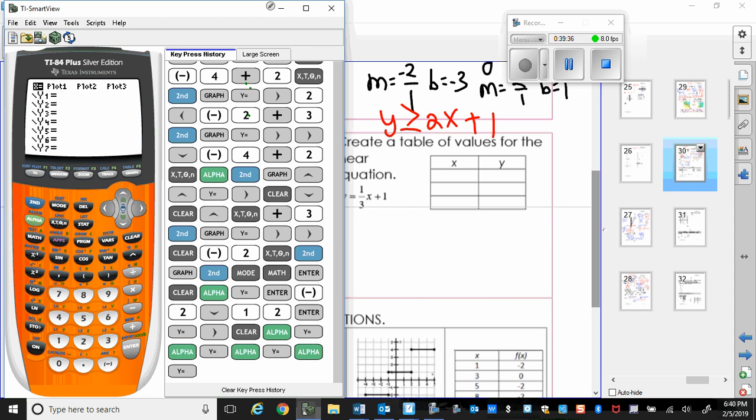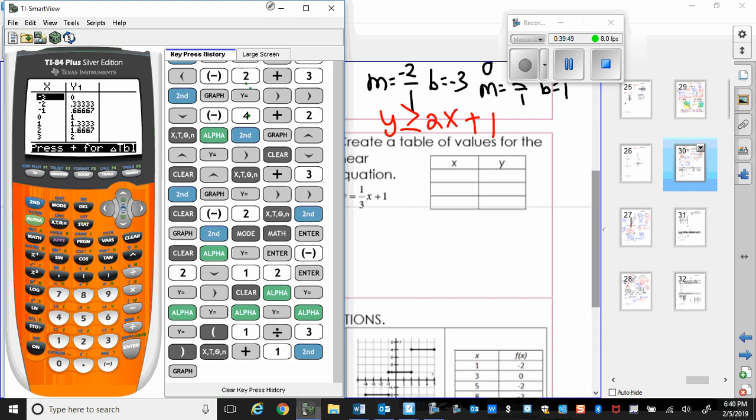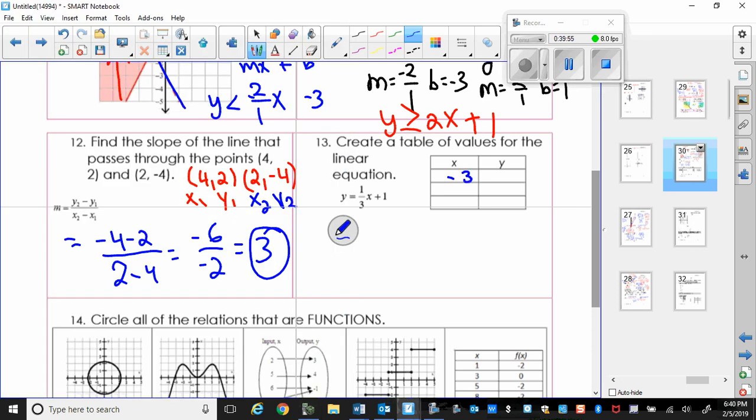It's not working for me. So I'm going to type in 1/3 times x. That's my 1/3 x. Plus 1. Go to the table, second table, and I see -3, 0, 0, 1, 3, and 2. And you're done. That's your answer.